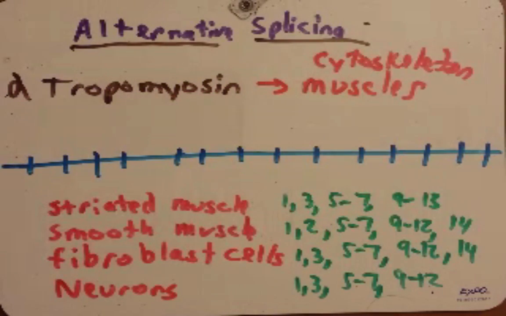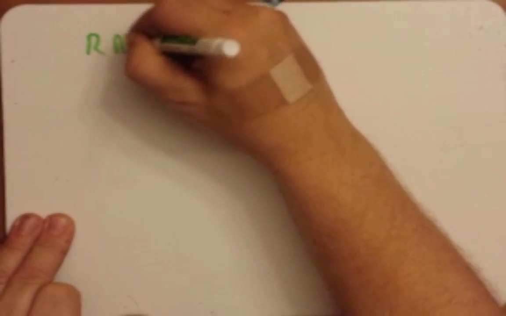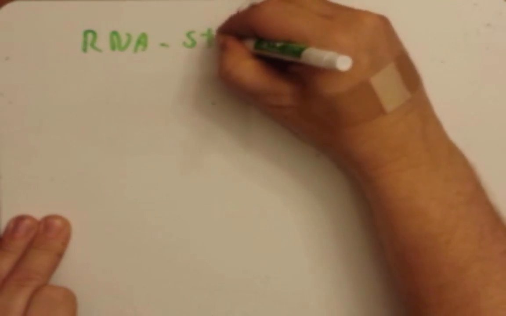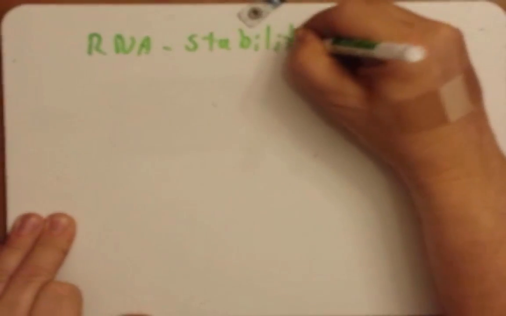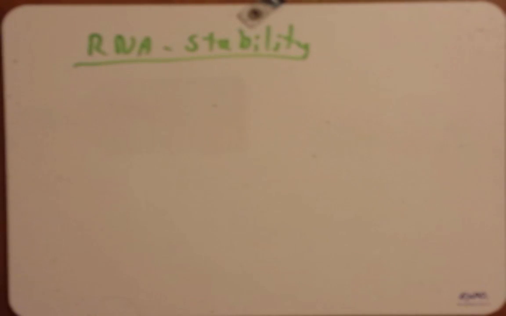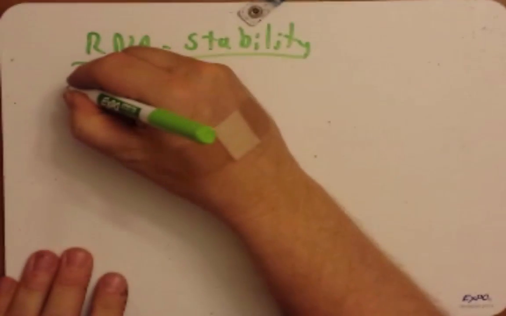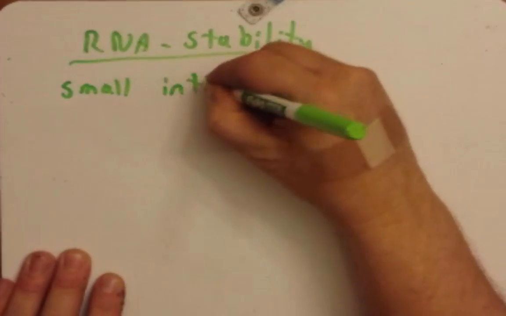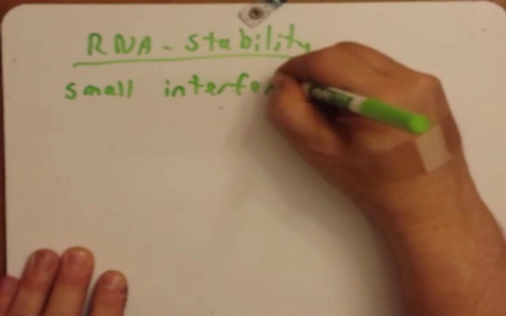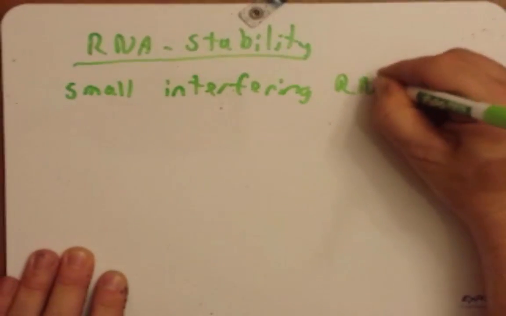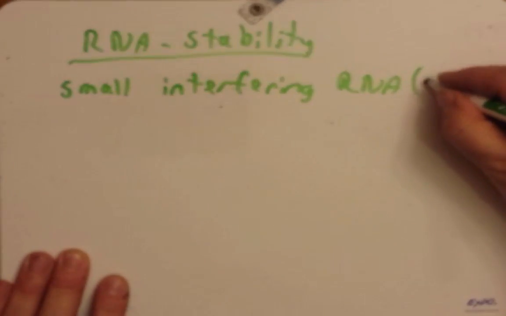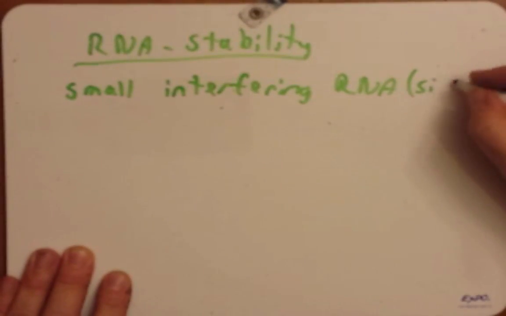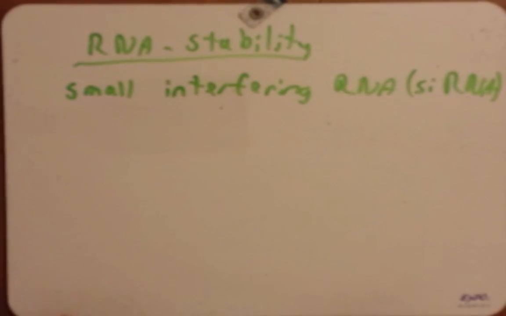Okay, let's go ahead and erase this and talk a little bit about RNA stability. I mainly want to talk about these small interfering RNA molecules, which we're going to call siRNA.